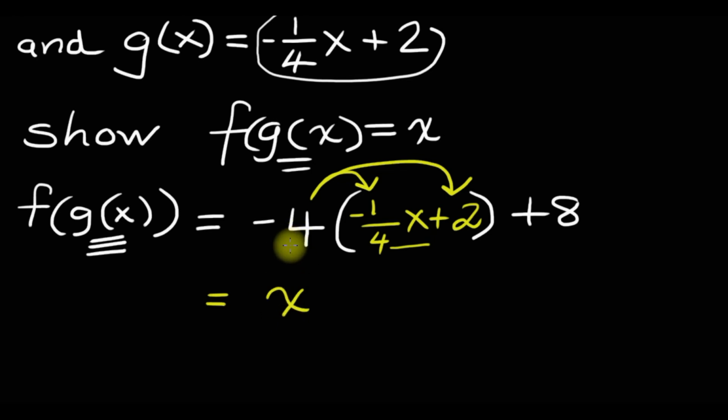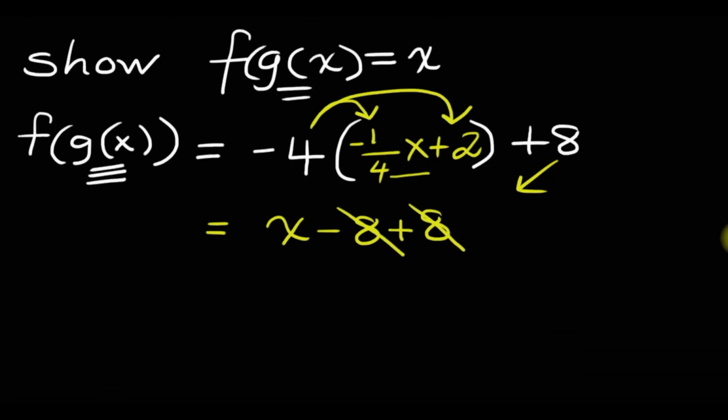Then -4 times 2 is -8, and then we bring over the plus 8. -8 plus 8 add up to 0, and then you're left with just x. So this one's good, which means you have to keep on going.